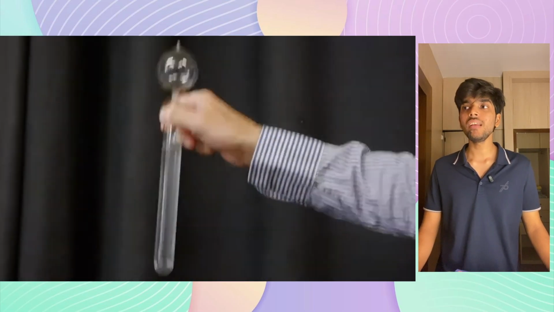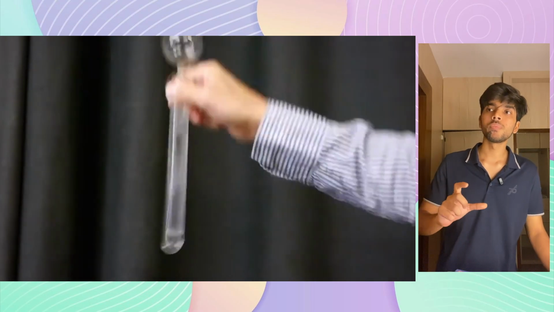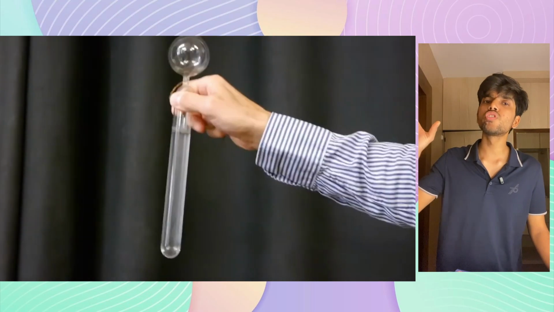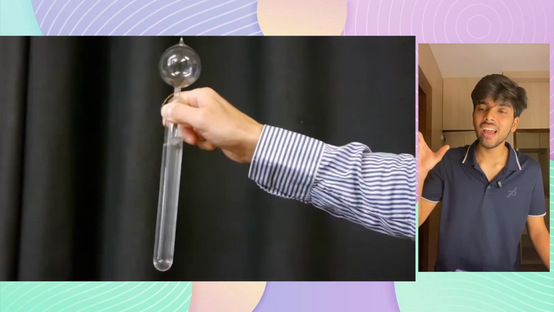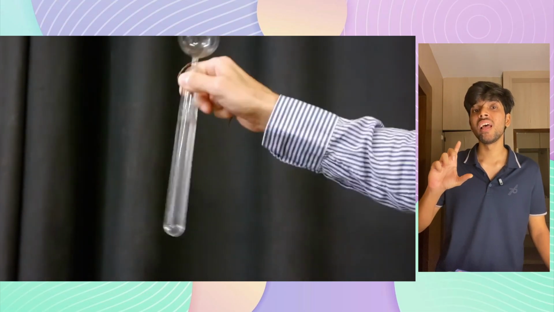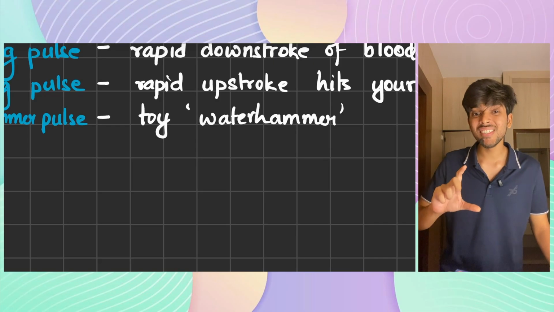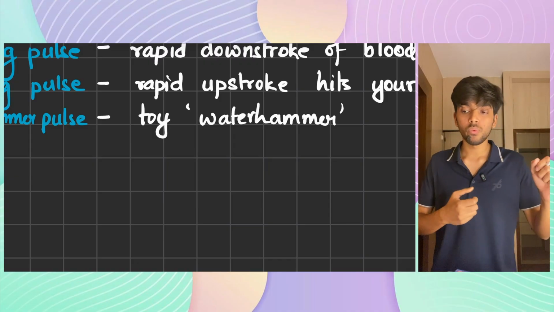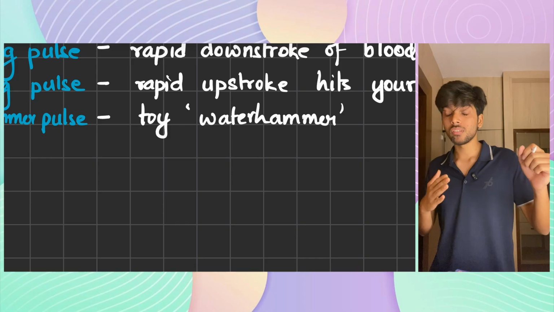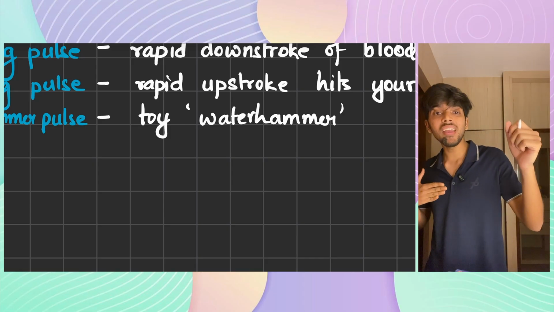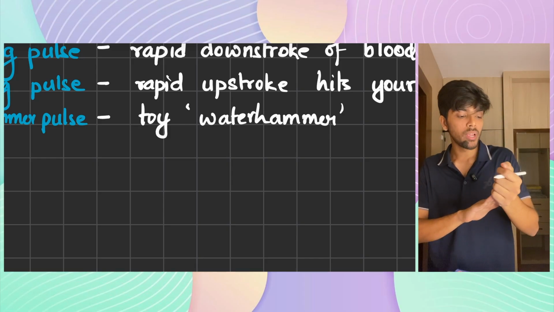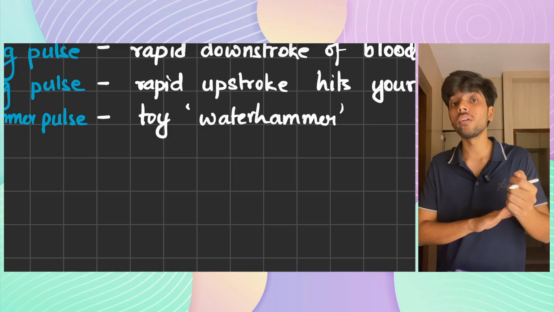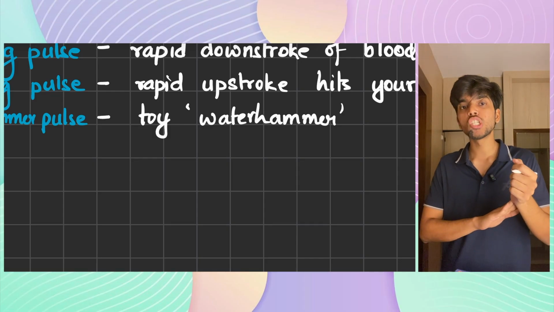When you shake the tube, the water jumps up and falls down so strongly that it hits the end of the glass tube, producing a thud sound. This is similar to the water hammer pulse, because when the column of blood, the pressure wave, strikes the peripheral artery, you can feel it like the thud of a hammer. You can feel a strong pulse.